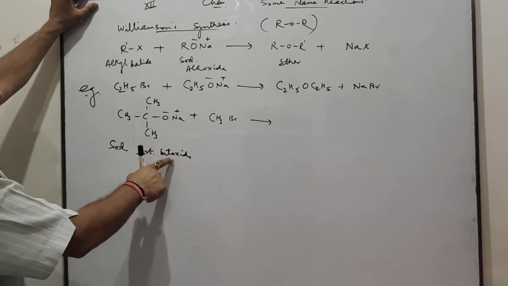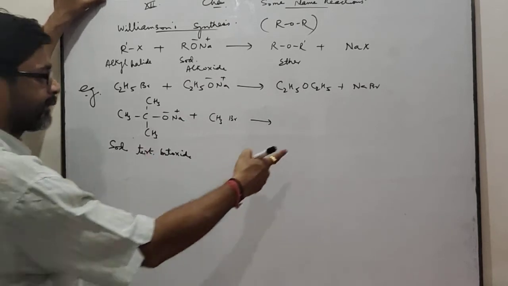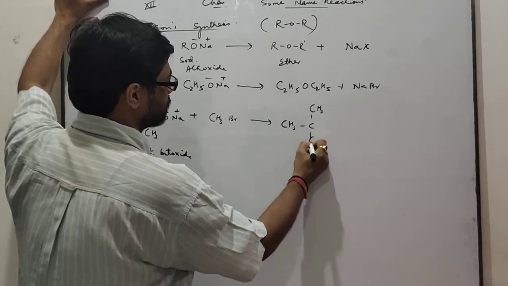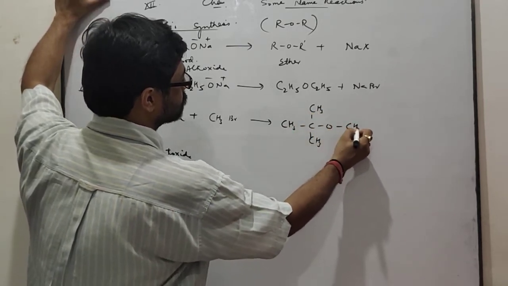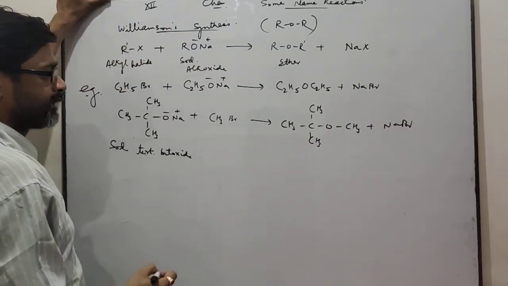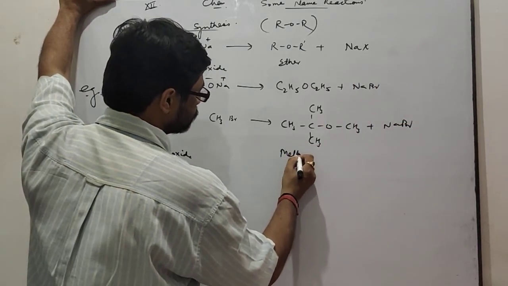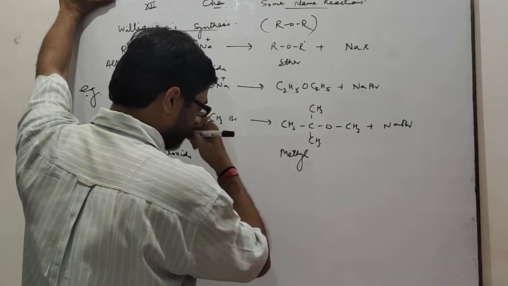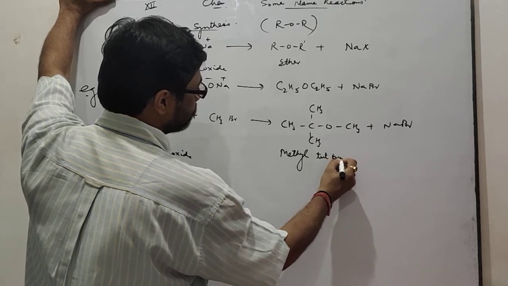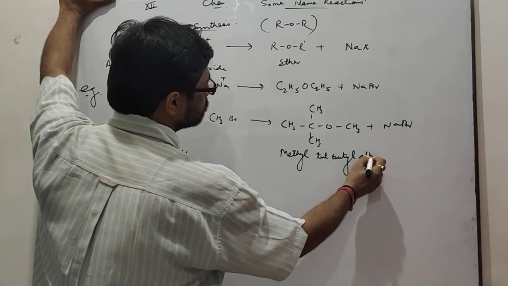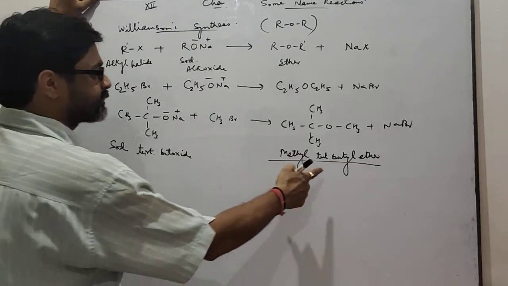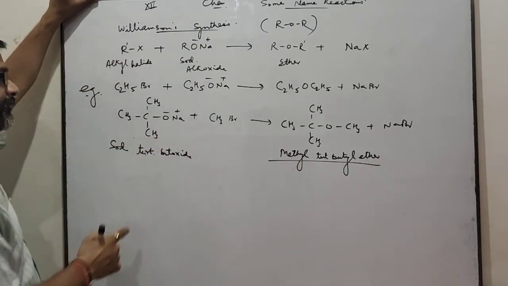Tertiary alkoxide is used for the preparation of tertiary ether. CH3, C, CH3, CH3 and OCH3 plus NaBr. This one is methyl tertiary butyl ether. Tertiary ether is prepared using this way.